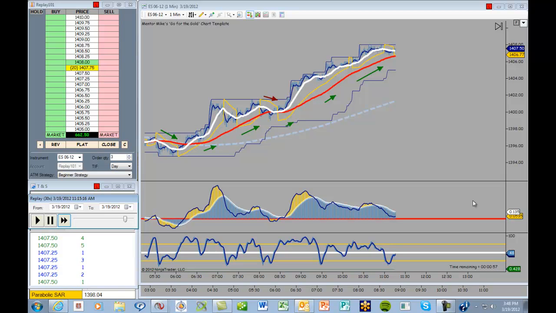Got a bullish parabolic, but very mixed signals otherwise.